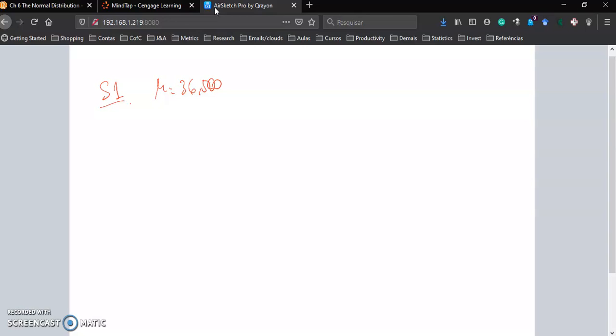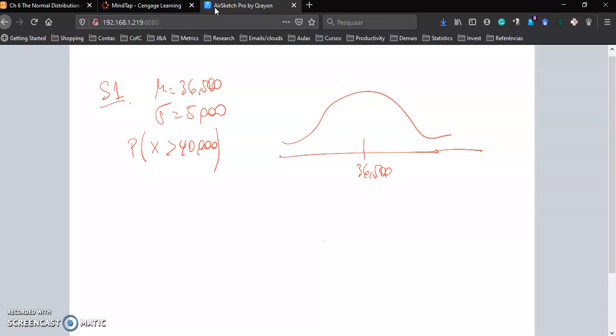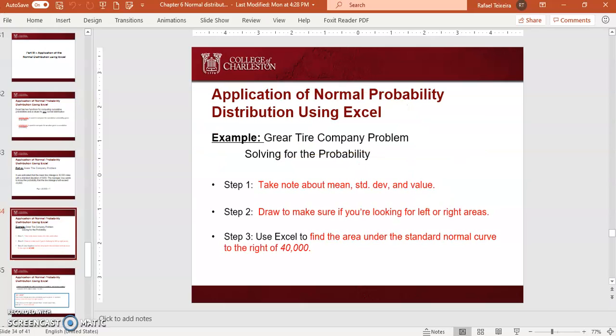The standard deviation is 5,000 miles, and I want to know the probability that x will be higher than 40,000 miles. If I draw it, 36,500 is here, 40,000 miles is somewhere here, so I want to know this area on the upper tail. Okay, let's go back to my slides.